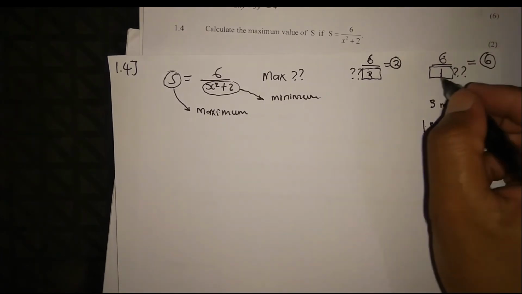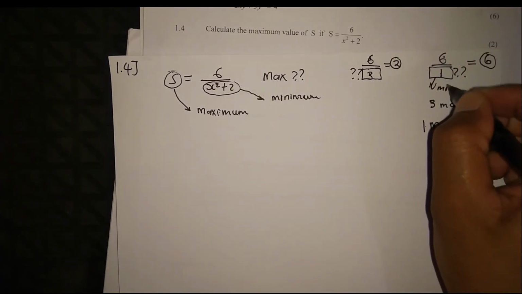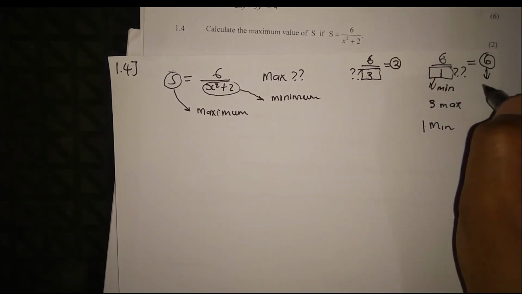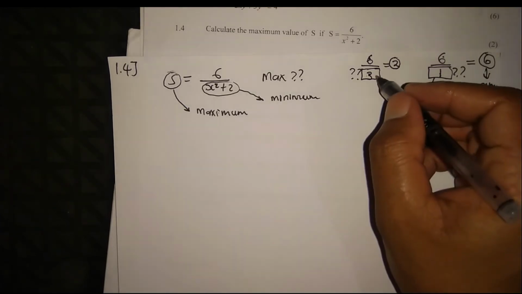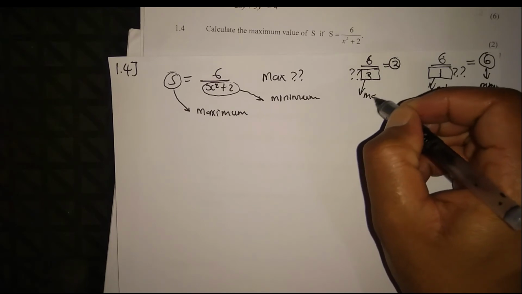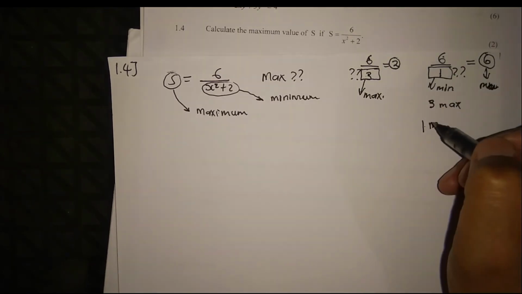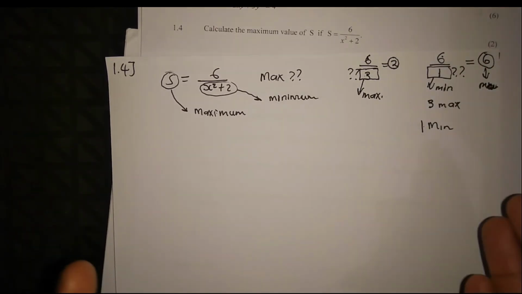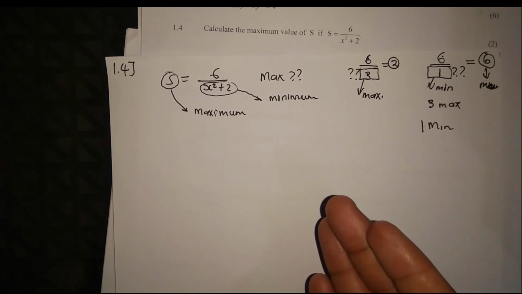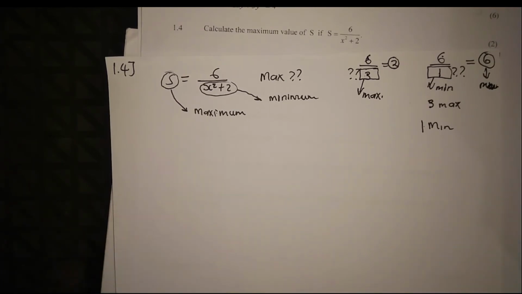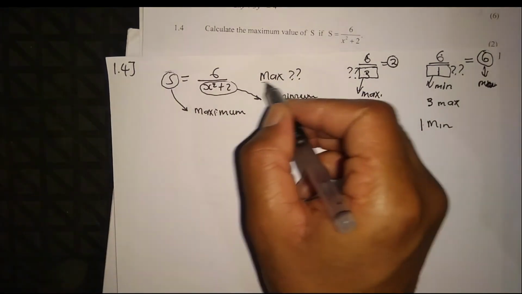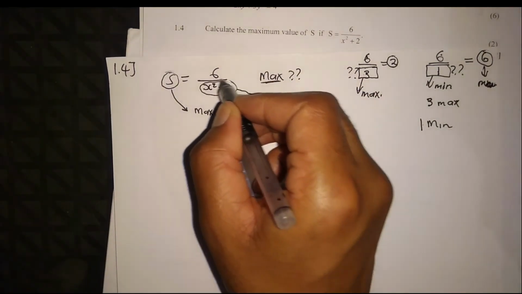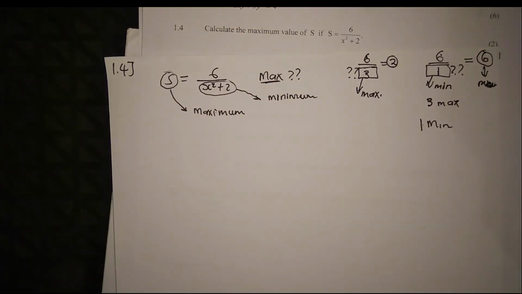You see? Here I divide by the minimum and get a maximum value. Here I divided by the maximum, but I got a minimum value. What does maximum mean? It means a higher value. What does a minimum mean? It means a lower value. So in order for this to be a maximum, we must divide by a minimum value of this expression.